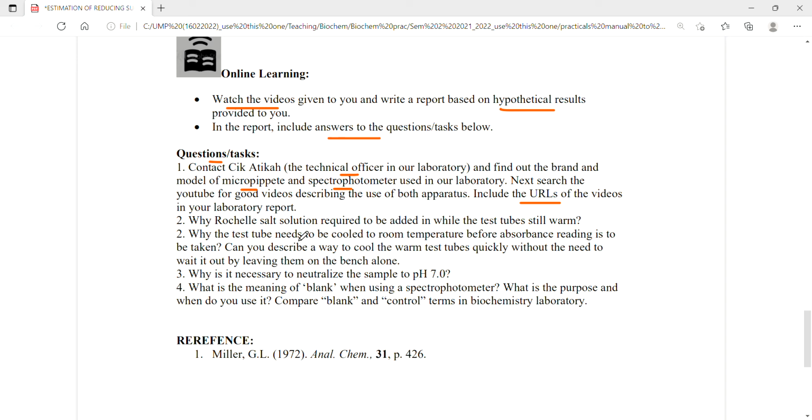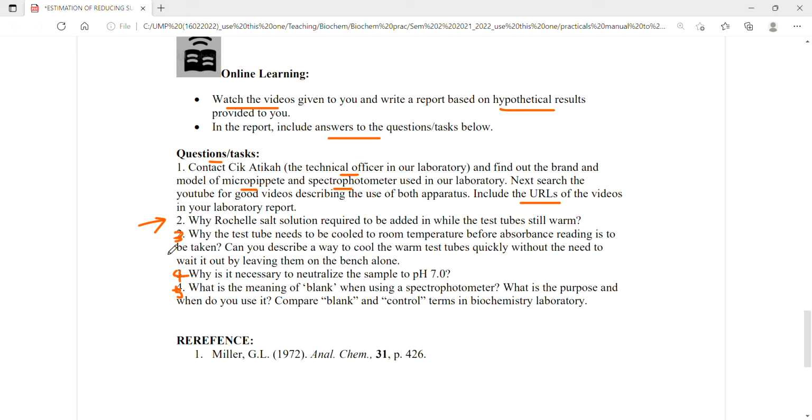The reason I ask you to include them is for you to watch those videos to understand. Forgive me, this is supposed to be 3, 4, and 5. Okay, typo error there. So find out the answer to this question.